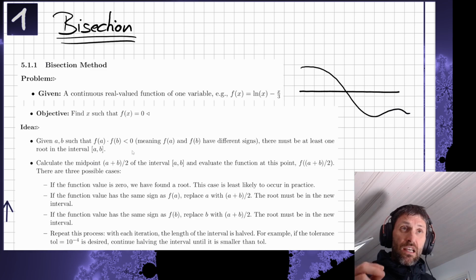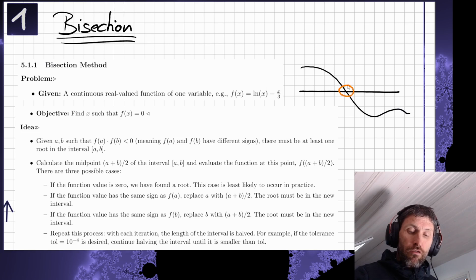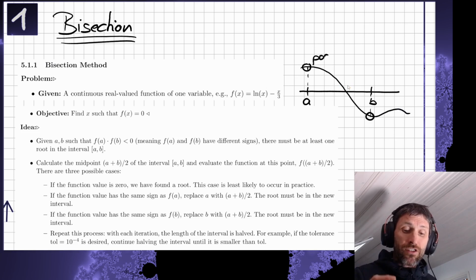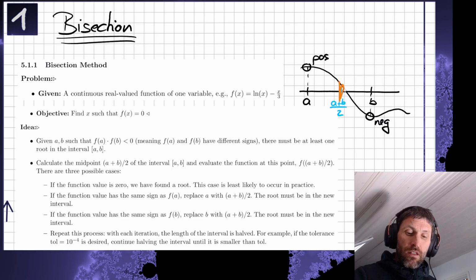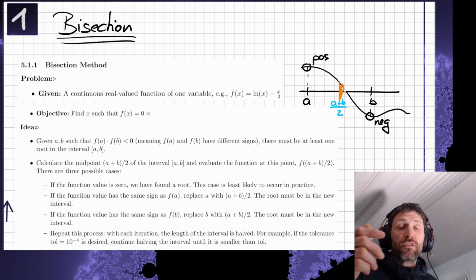Given is a continuous function, and we are looking for the root. Somebody has to provide a and b such that, for example, here we have a positive function value and here a negative function value. Then we go to the midpoint of this interval. This is (a plus b) half. This is the midpoint. And then we evaluate the function at that point.